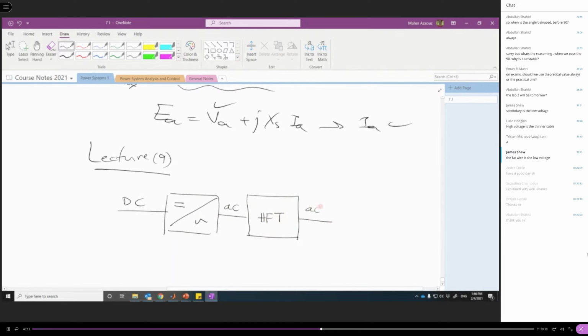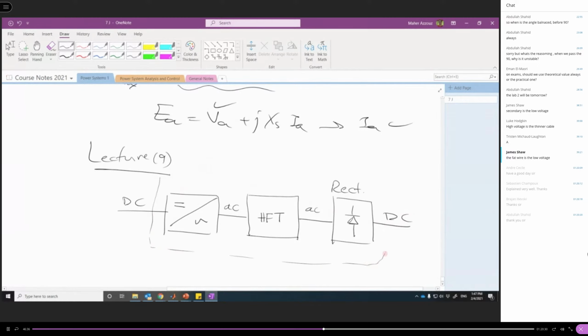The output here will be AC, again at high frequency, but depending on the turns ratio of this transformer, we can increase the magnitude of the voltage or decrease it, and then we put a simple rectifier to output DC.